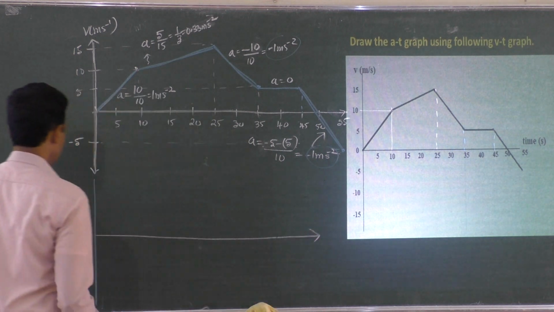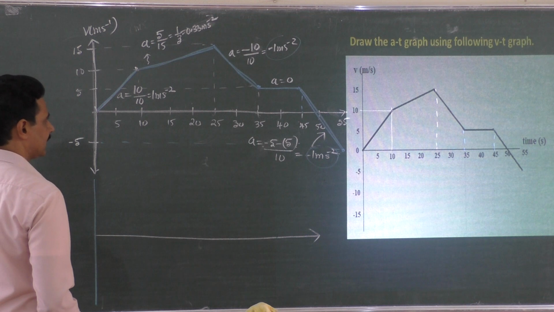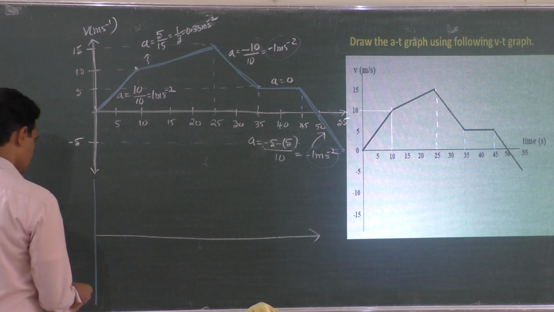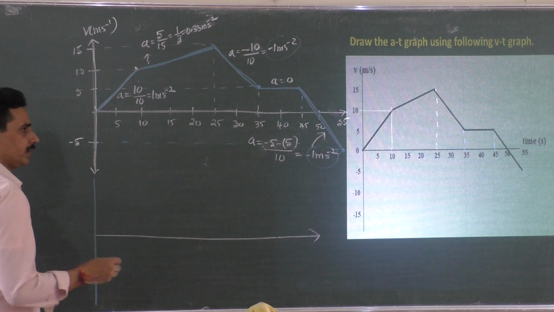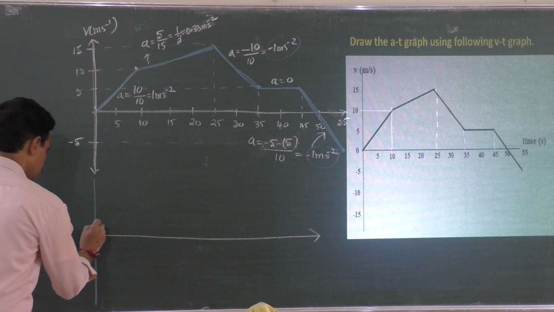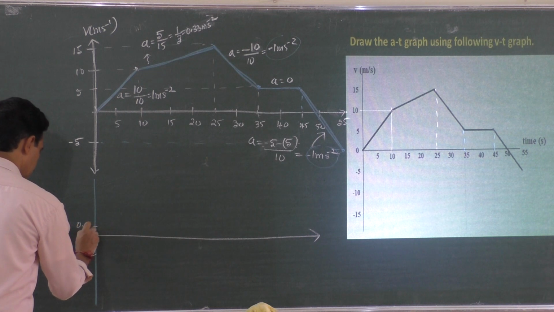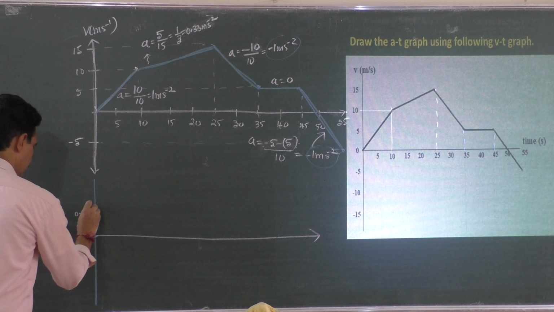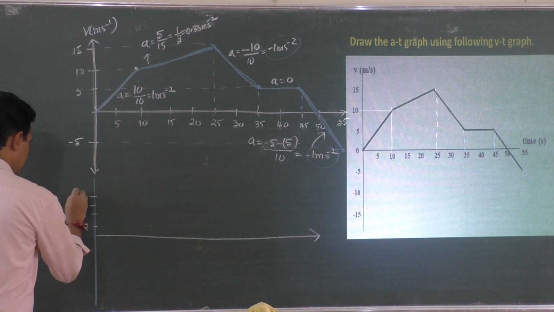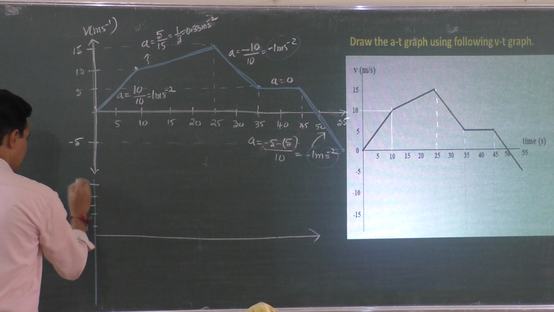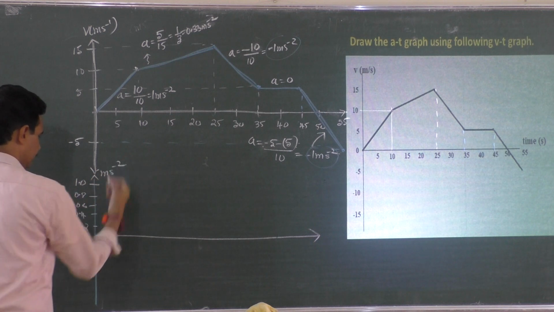Okay. So how should I write the values? Not 1. So shall I take it as 0.1, 0.2, 0.3, 0.4, or take 0.2? 0.2, 0.4, 0.6, 0.8, 1 meter per second square.